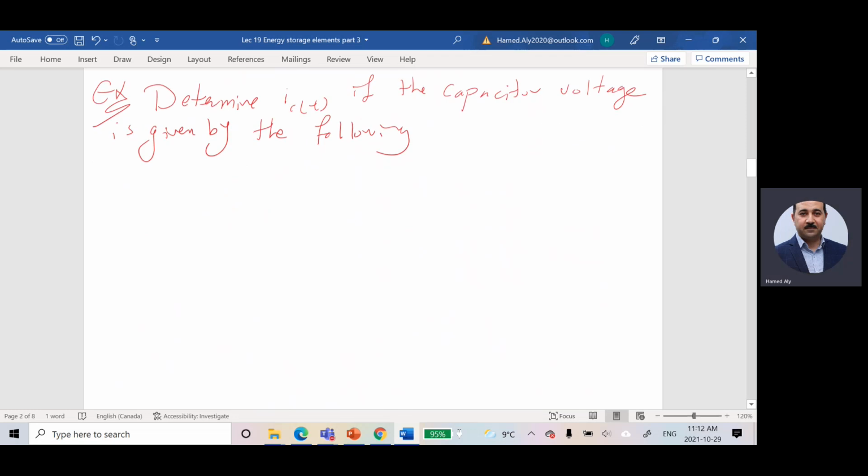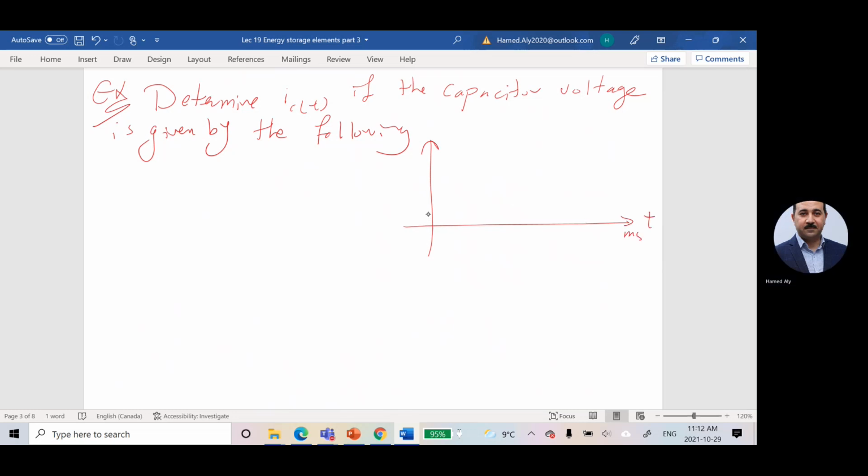So he gave me this graph. This is 1, sorry, this guy is 1. This is 2.